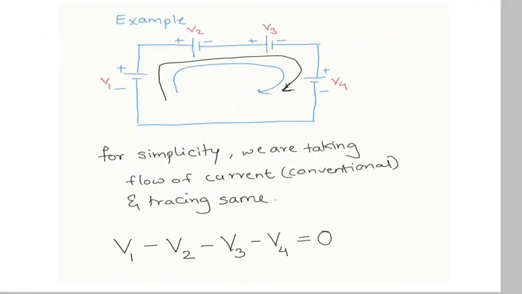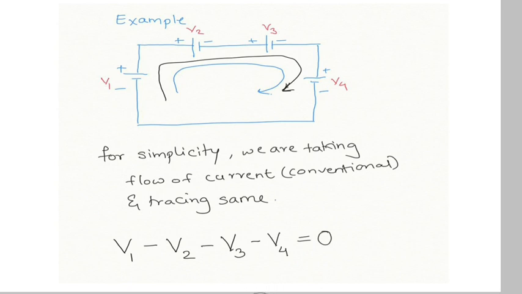So in this circuit, you can see the direction of tracing is the same as the direction of current flow. Here are some batteries, or you can say potential differences, some EMFs: V1, V2, V3 and V4. For simplicity, we are taking the flow of current and the direction of tracing in the same direction. Look at the first terminal and how it will be taken.